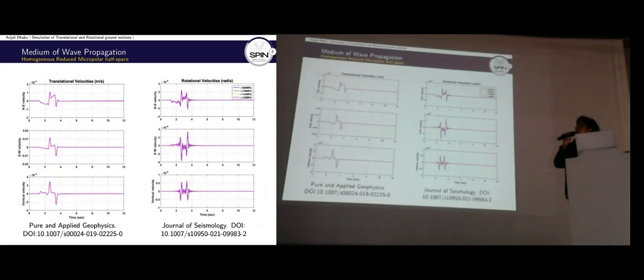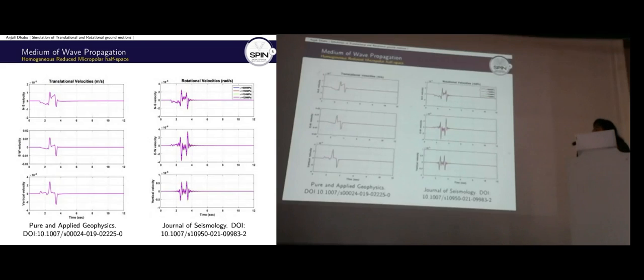For a homogeneous medium, the left panel shows the translational velocities and the right panel shows rotational velocities. You can see only one line in all the three graphs on the left panel. However, there is a difference observed in the lines on the right side. On the right side, I have done a small parametric study to see how these additional parameters affect these ground motions.